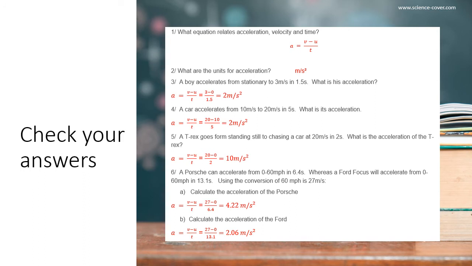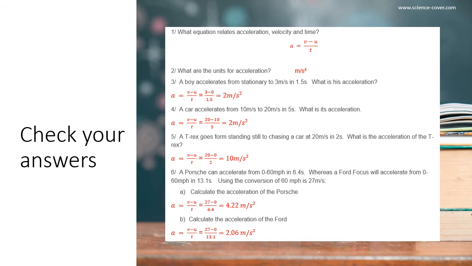Let's check our answers. In number 1, the acceleration equation is a equals v minus u divided by t. In number 2, the units for acceleration are meters per second squared. In number 3, the acceleration of the boy is 2 meters per second squared.